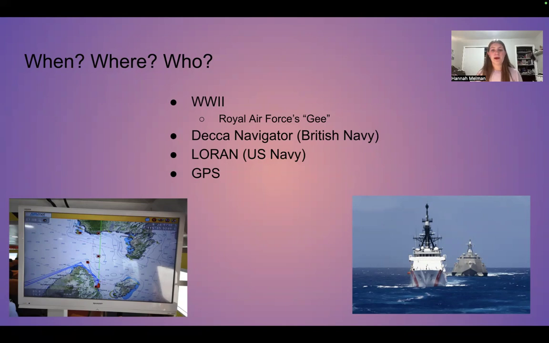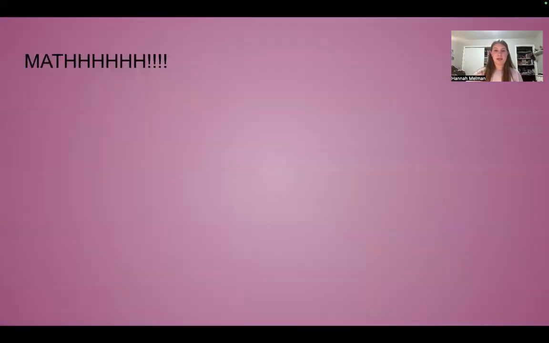Now, the British Navy uses it, and the U.S. Navy, we have a system called LORAN, which uses this exact system to help with bombs and missiles too, and to navigate around the ocean and help them when traveling. And it's also seen in GPSs of different boats.